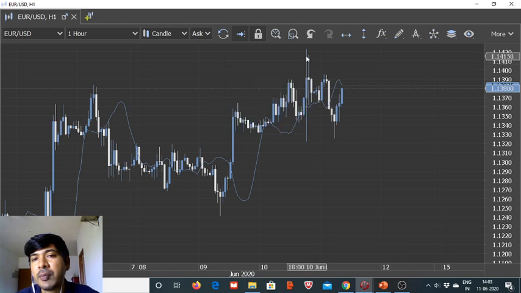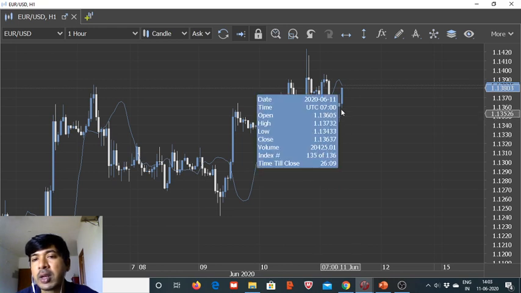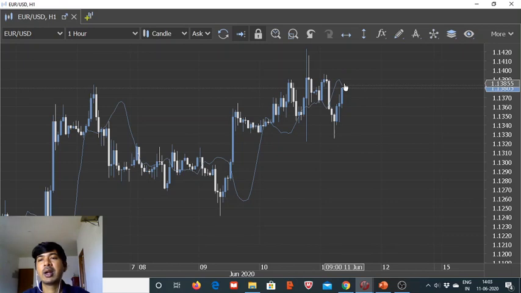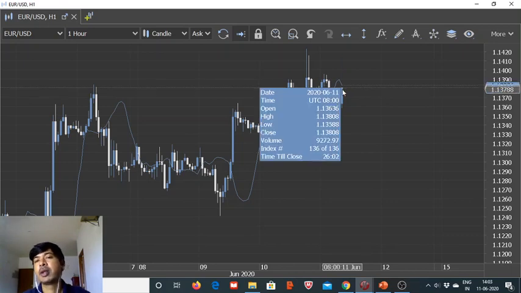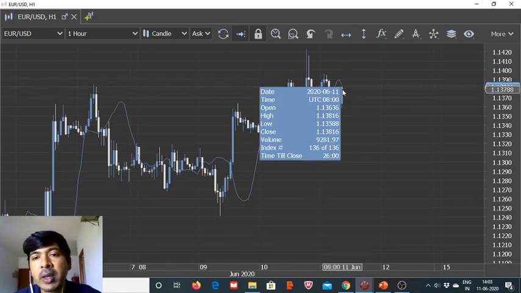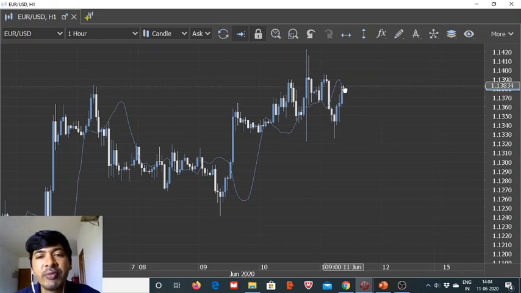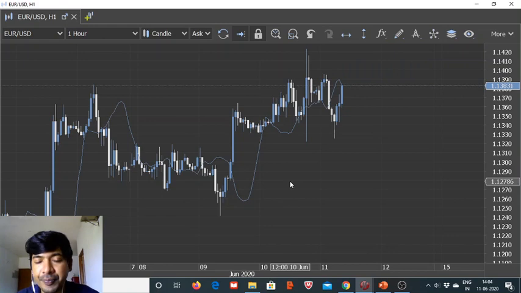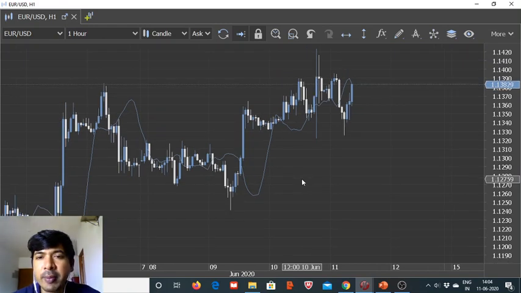Here the Euro USD had gone into a correction phase, and then after making this low, it is again trying to get back on the long side, and it is starting to rise. Since the momentum is strong, provided the condition of the intercept is also fulfilled, we can indeed look for a buy trade, and that is the scenario we are planning for.